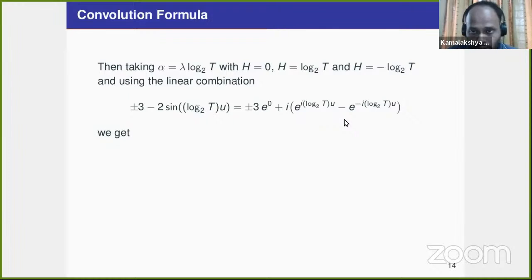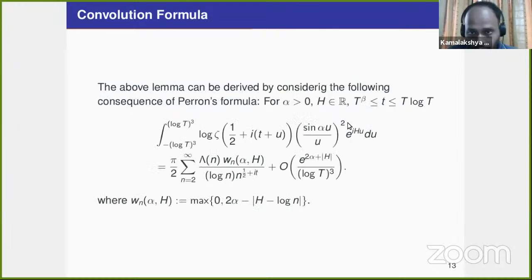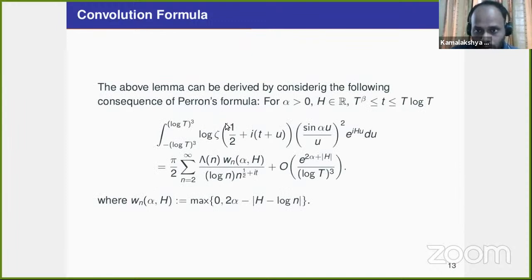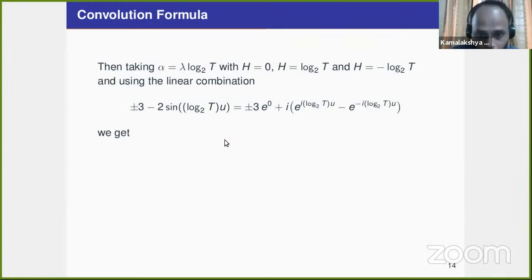Since this e power i h u is separated in the kernel, in the exponent it will behave linearly, right? If we do that, we'll have plus minus 3 minus 2 sine double log t u in the kernel. So now we plug these three different values into this equation and add them, and we get this value on the kernel.